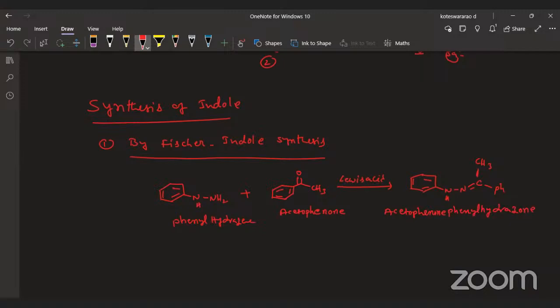This step, the formation of the phenyl hydrazone from acetophenone, is a nucleophilic addition reaction. It means it follows the nucleophilic addition reaction mechanism.